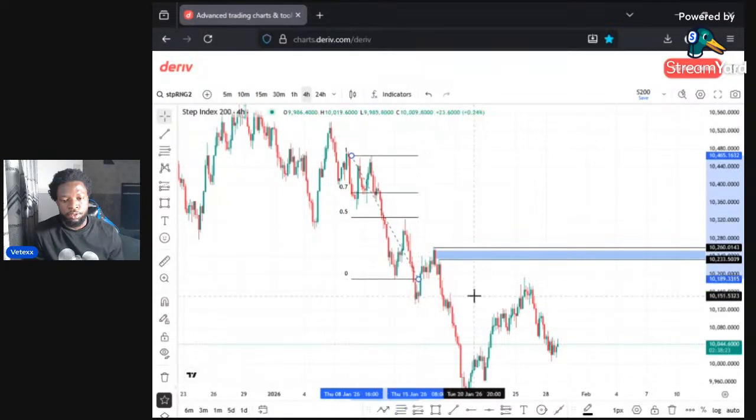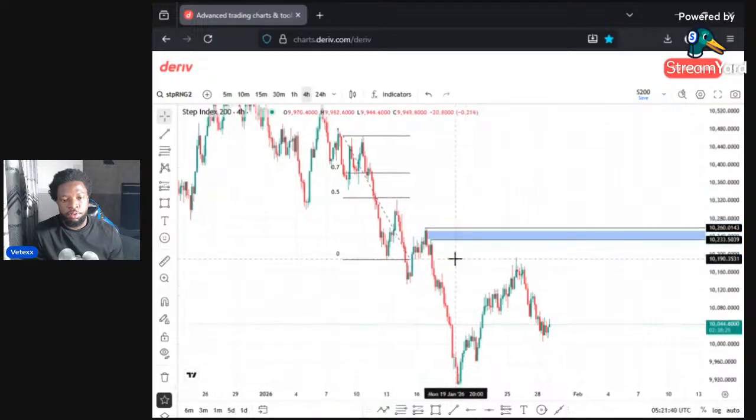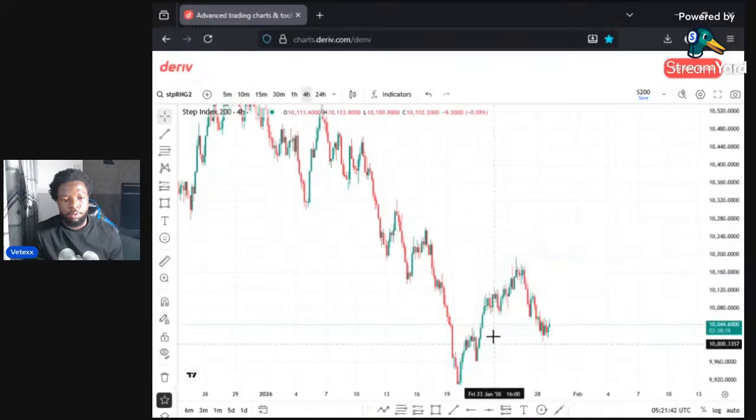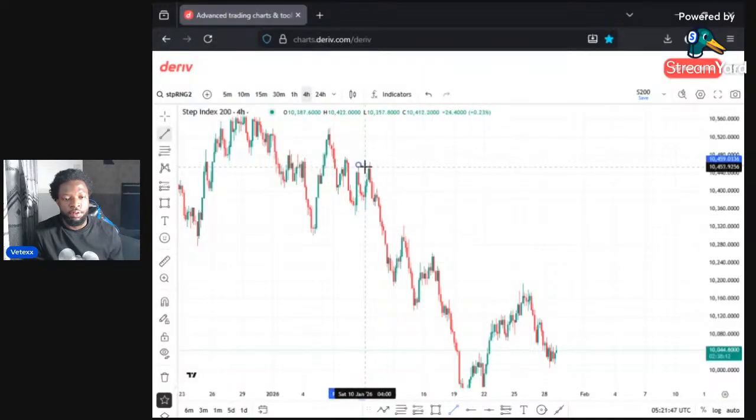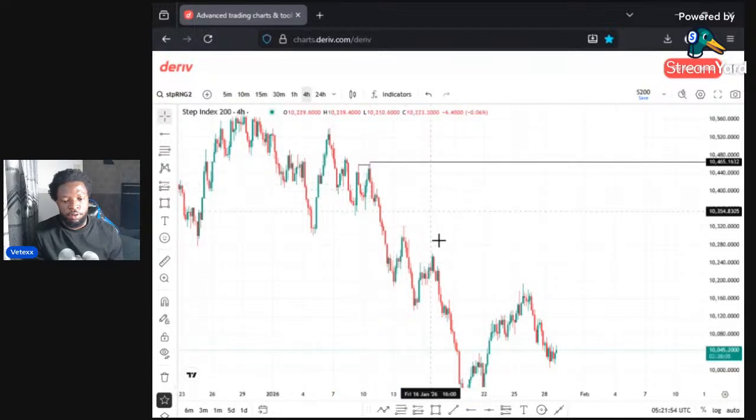Okay. We also have this on the 4-hour time frame. We have a sweep here. We have our protected high right here. We have first break of structure, which is this.